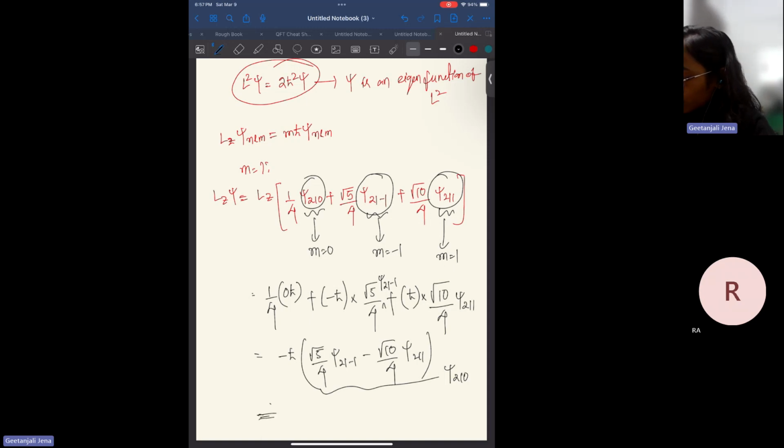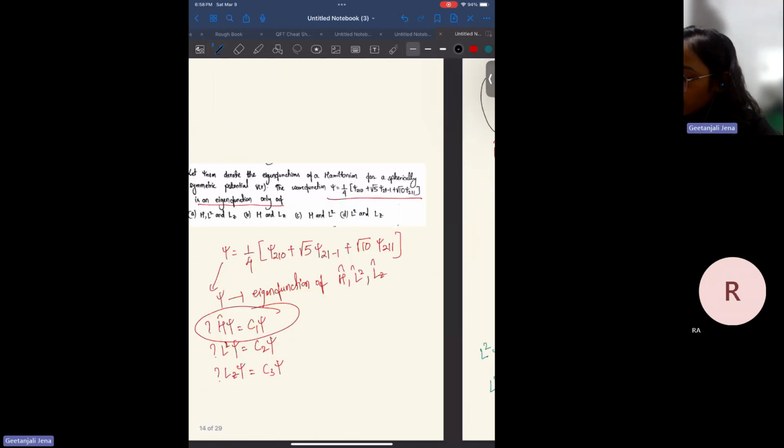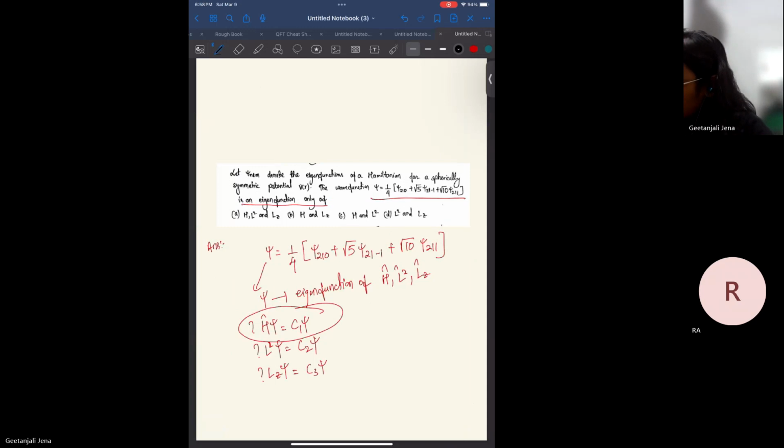That means it is not equal to the same state psi with some constant. So that means this eigenfunction is not compatible with Lz, but it is compatible with H and L square. So the answer will be H and L square only.